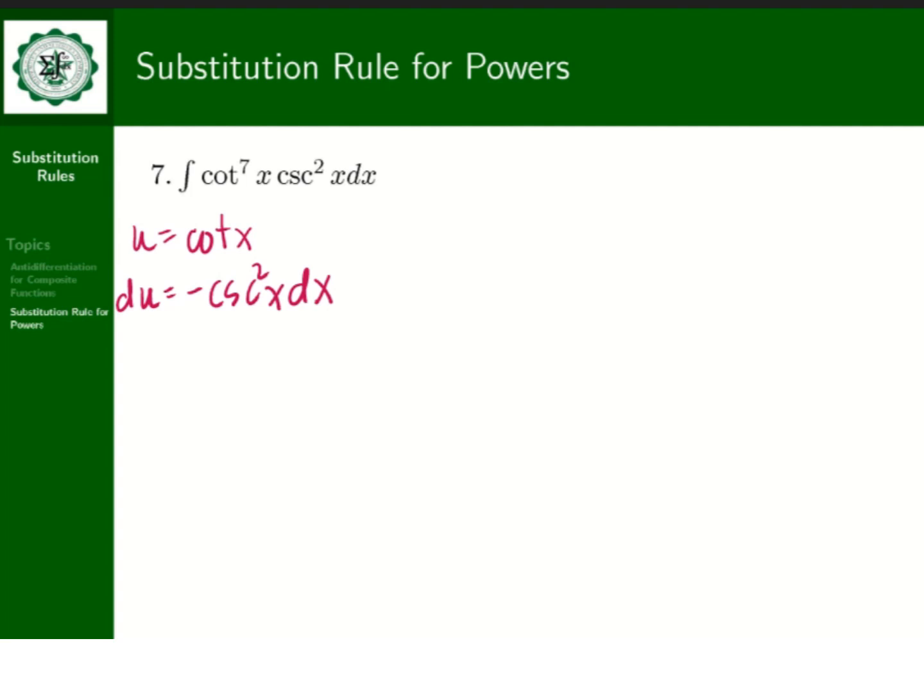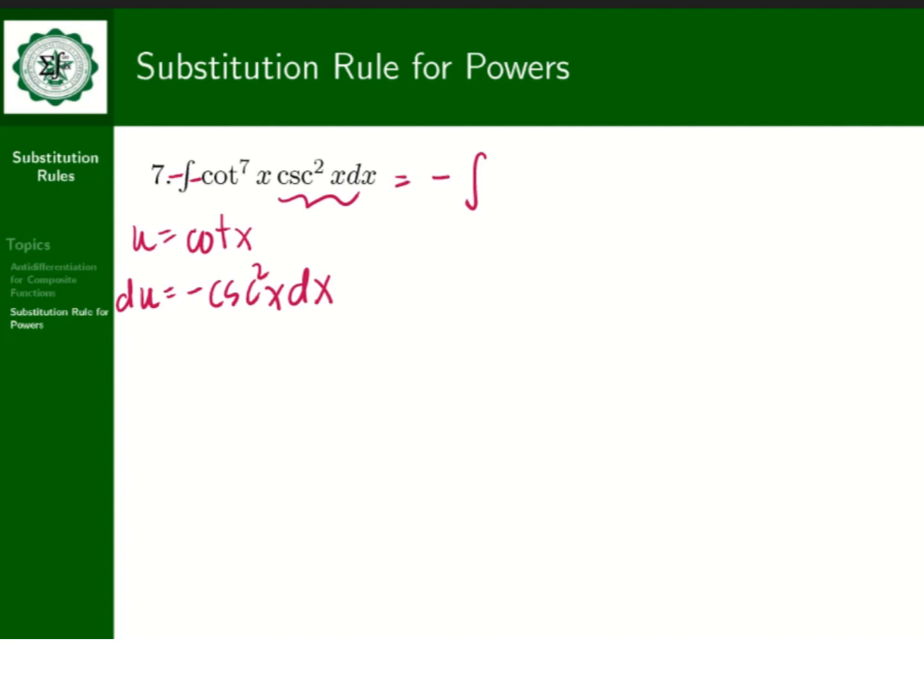And observe that we only have cosecant squared x dx. Thus, we multiply our integrand by negative 1, and we correct that by putting a correction factor of negative 1 outside the integration sign.